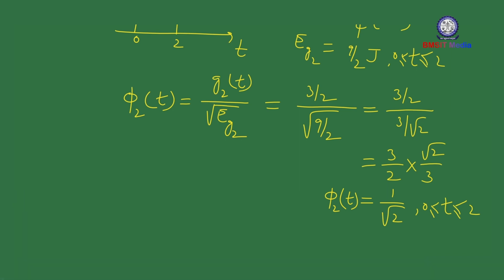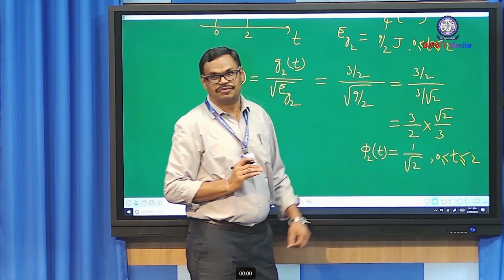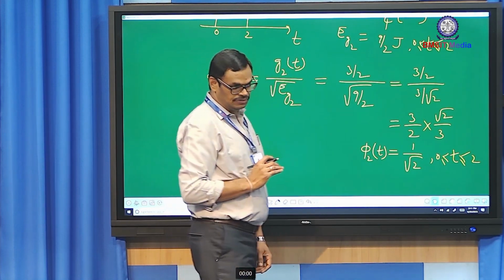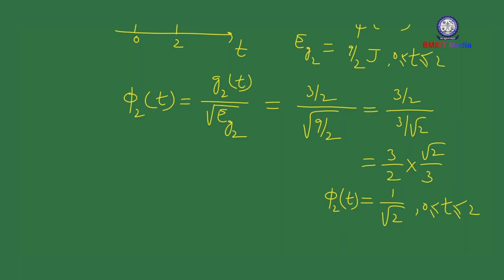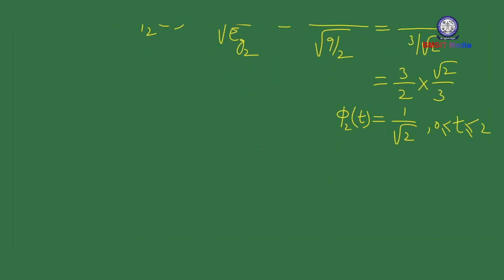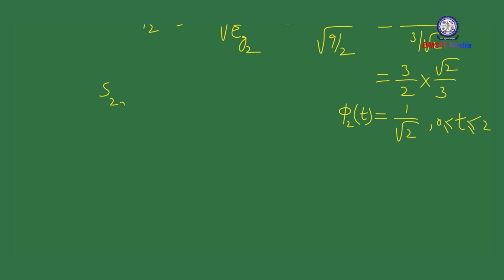So we could find S21 and phi 2 of t, and one more coefficient we need to find is S22. We can write the expression for S22 as S2 of t minus S21 phi 1 of t, divided by phi 2 of t.